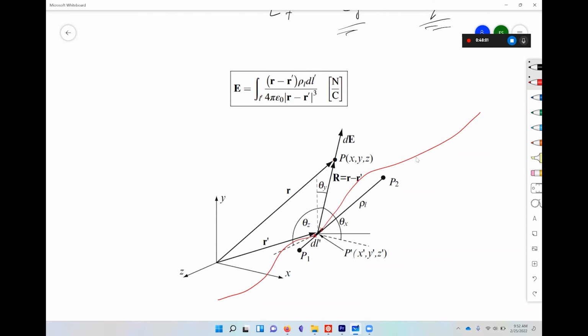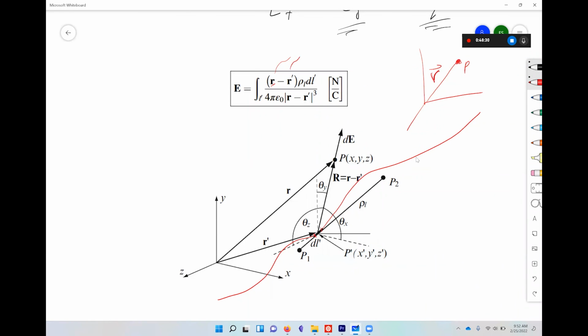And then R is the distance to the point. R is essentially the small r in this case. It's a matter of convention. You could use small r or big R. R is the position vector from the origin to the point in space where you're calculating the field.